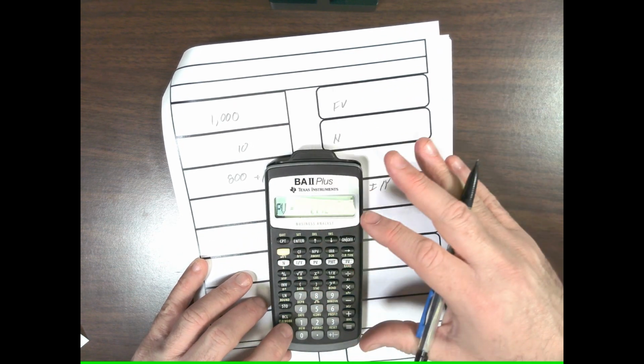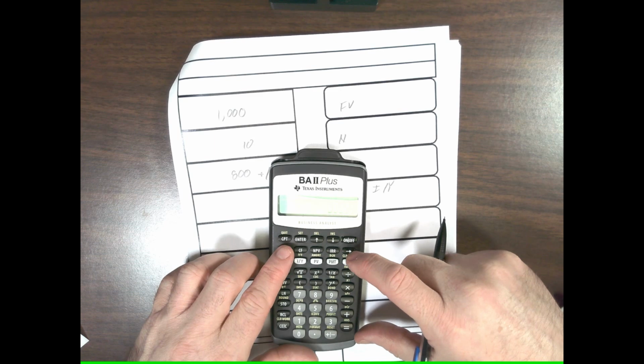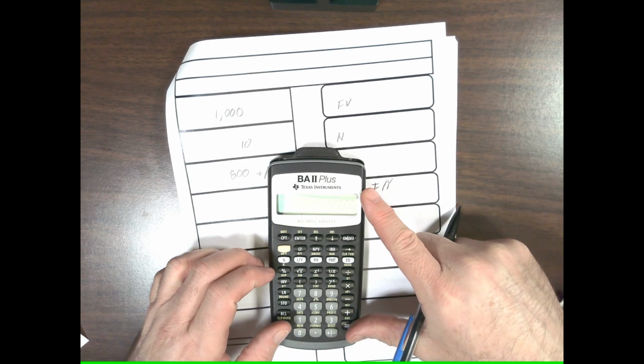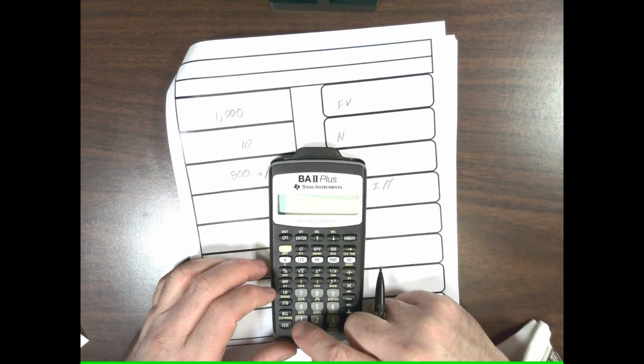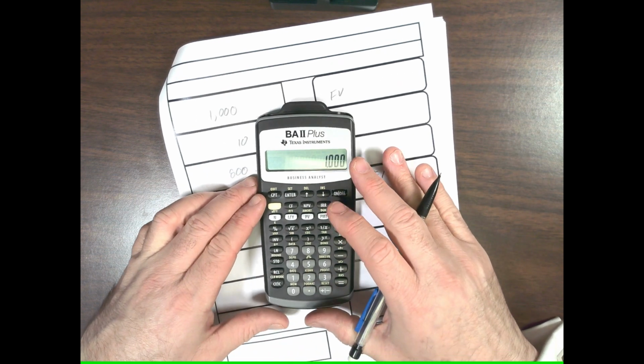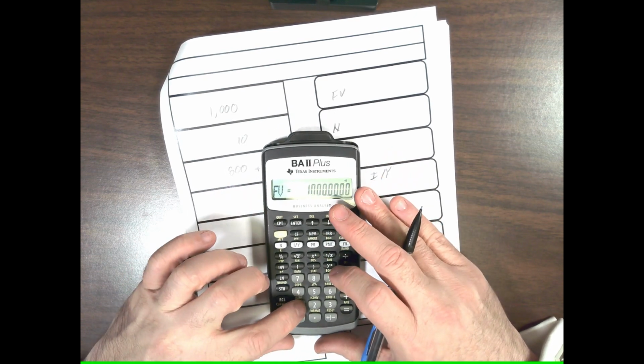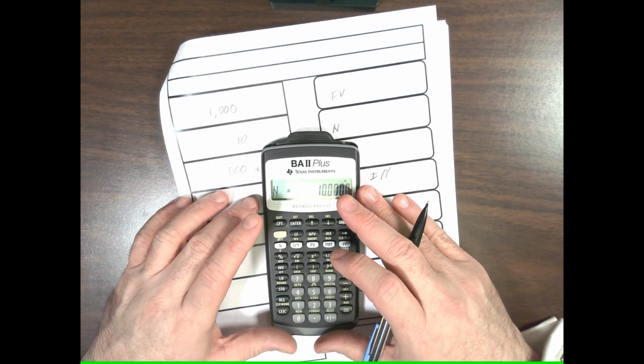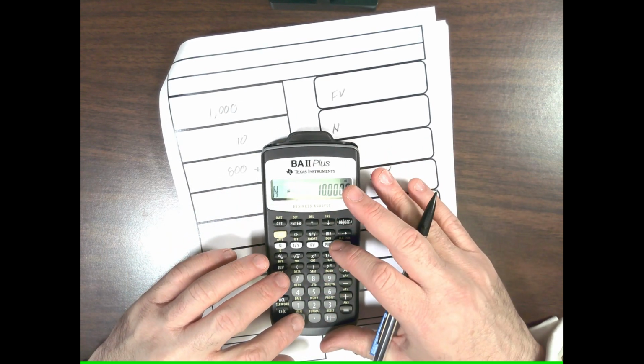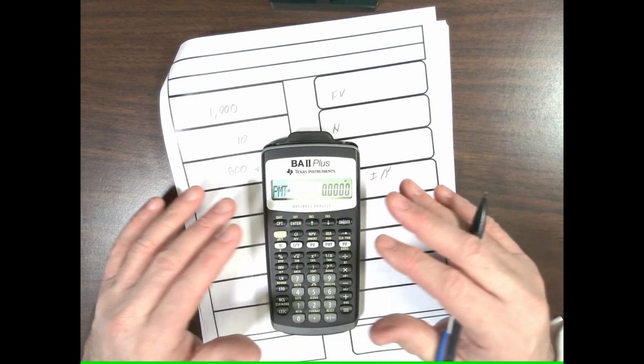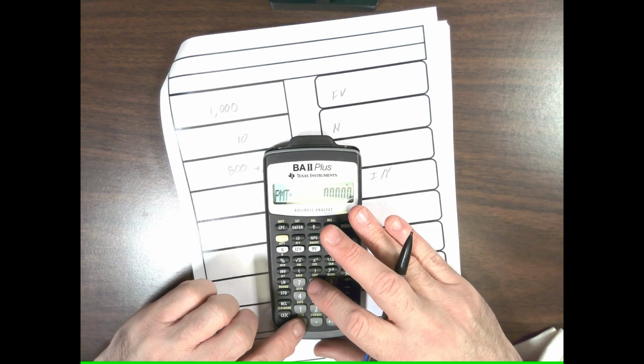So we're going to hit clear, second, clear time value of money, just to be extra cautious. We have $1,000 as our future value. We have 10 years to maturity, so 10 N. We have no payment, and just to keep that habit, we're going to press 0 PMT. Don't have to, but it's a good idea.